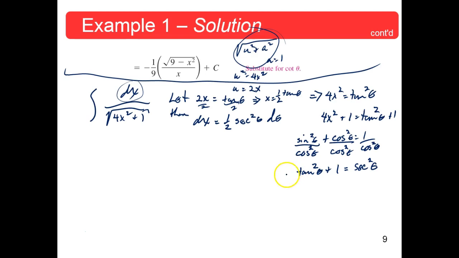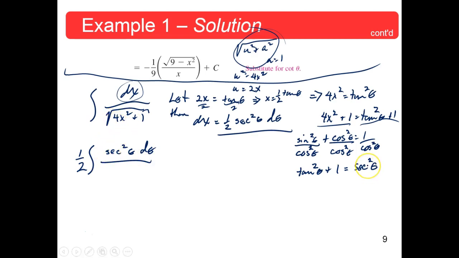So tangent squared theta plus 1 is going to be secant squared theta. So what we have so far, our integral, I'm going to put the 1/2 on the outside, and we'll put a secant squared theta d theta here, because that's the dx part, right? Divided by the square root of secant squared theta.